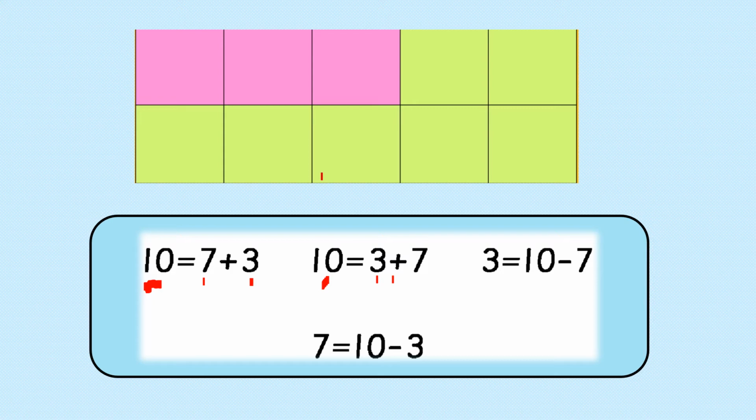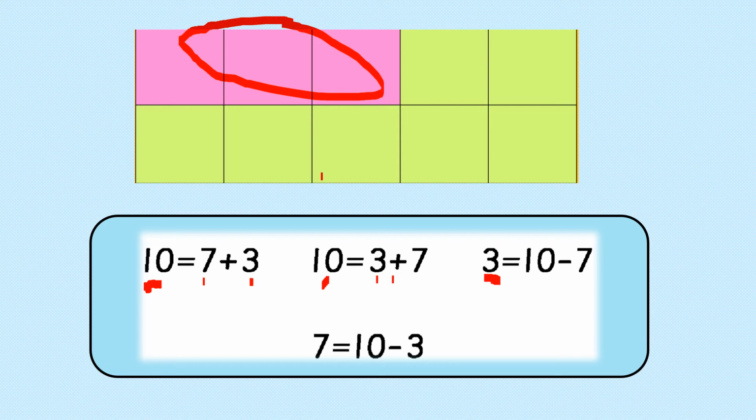Now the takeaway is when it gets a little bit tricky here. 3 equals 10 take away 7. So if I've got 10 altogether, if I take away these 7 green ones, how many am I left with? 3.